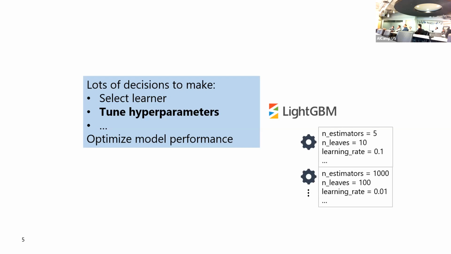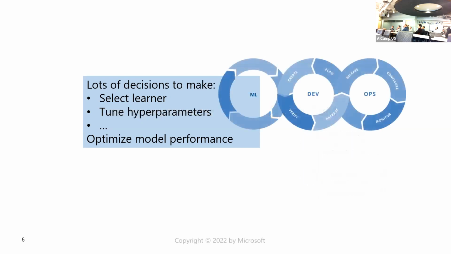When we use the wrong setting, we could easily see the accuracy drop from 90% to 50%, making the model unusable. Choosing the right combination of learner and hyperparameters for a new data set is really a trial and error process. Also remember, it's not just a one-time cost for one application.